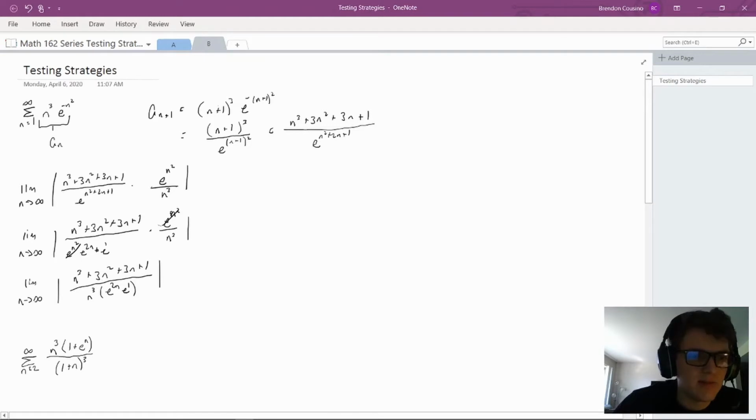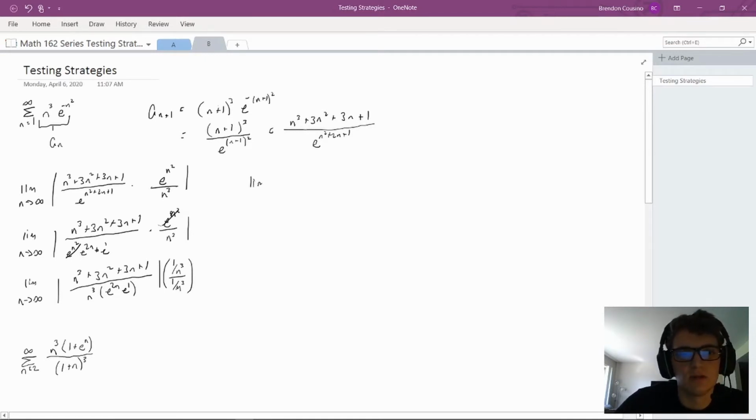Okay, so now that we have that, how are we going to solve this limit? I see our highest power is n to the third on top and n to the third on bottom, but we also have this extra e to the 2n in here. So what I'm going to try to do is multiply by 1 over n cubed to try to get rid of that, divided by 1 over n cubed. Okay, so now that we did that, let's go ahead and distribute those through and simplify.